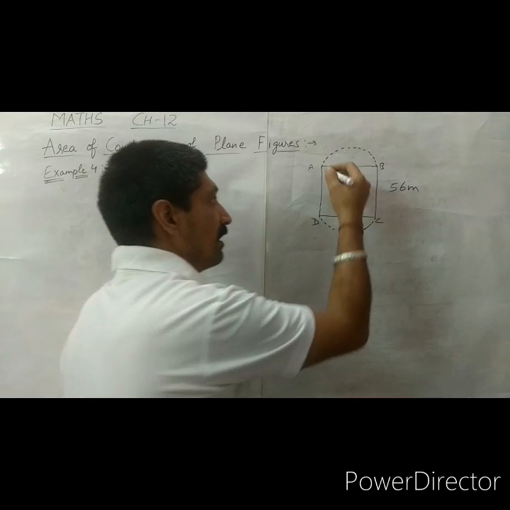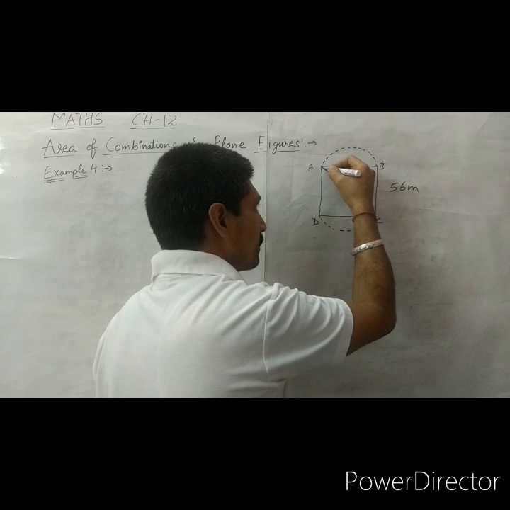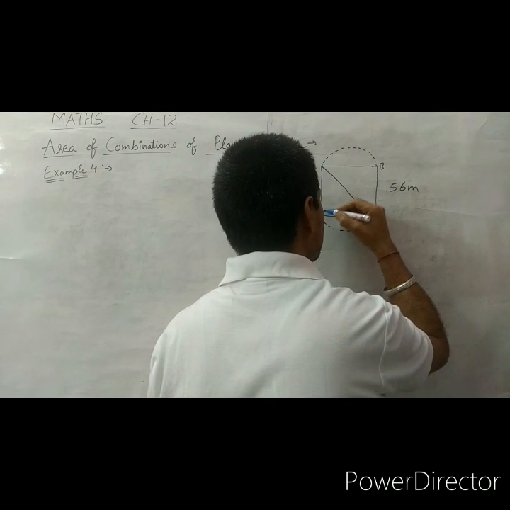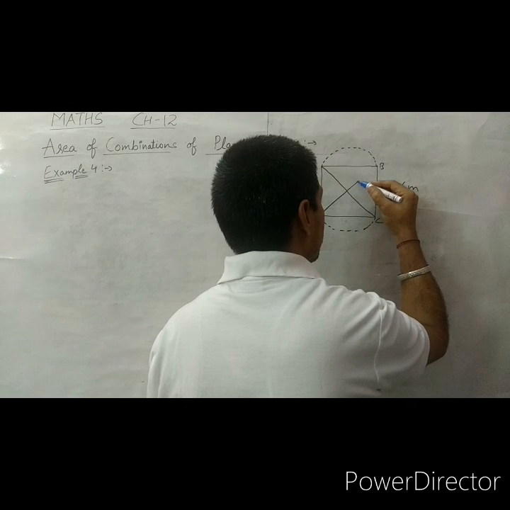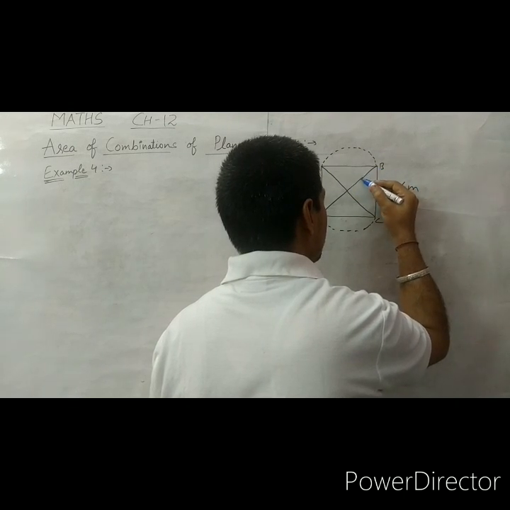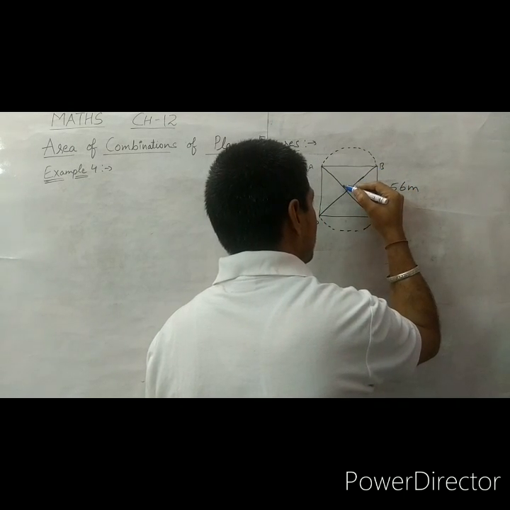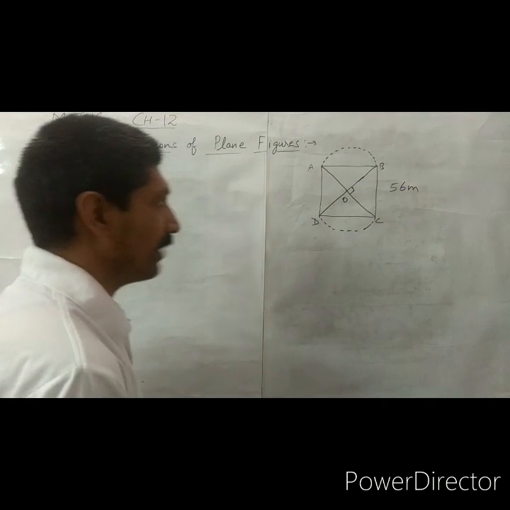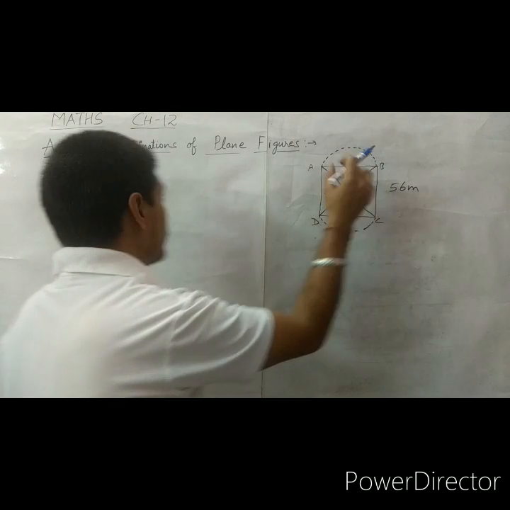So here we will join the diagonals of the square. We know the diagonals of a square intersect each other at O here, and this angle is always 90 degree. So we need to find the area of a square.